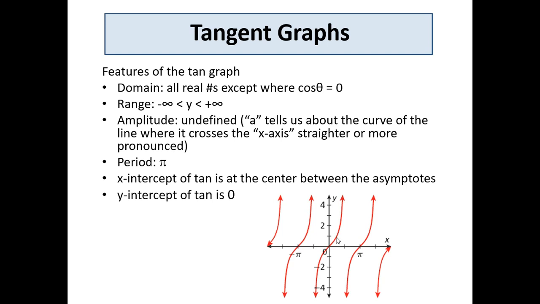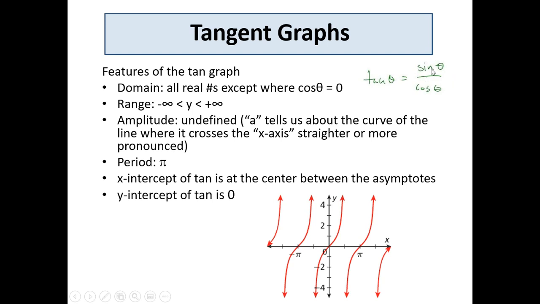That's my A. So for this example, it's right here, between 0 and pi over 2, so that'd be at pi over 4, right at 1 there. That would be my A. Sometimes you'll hear those called quarter points, okay? So you're going to have one here and here.